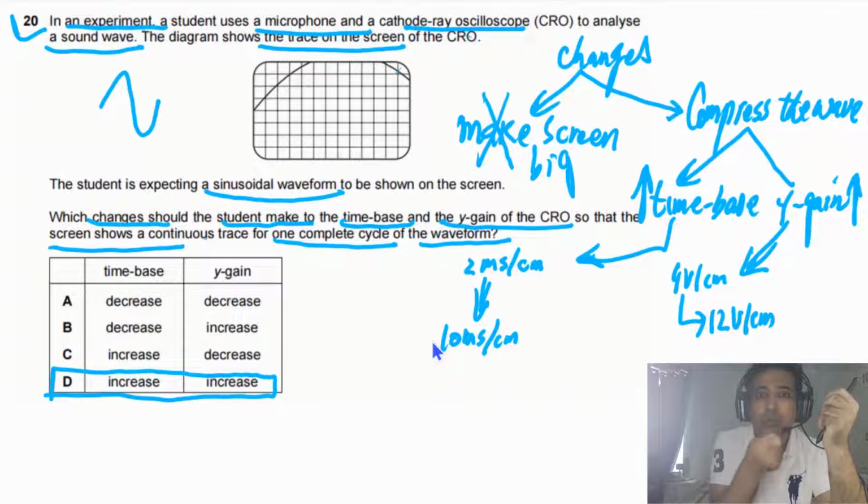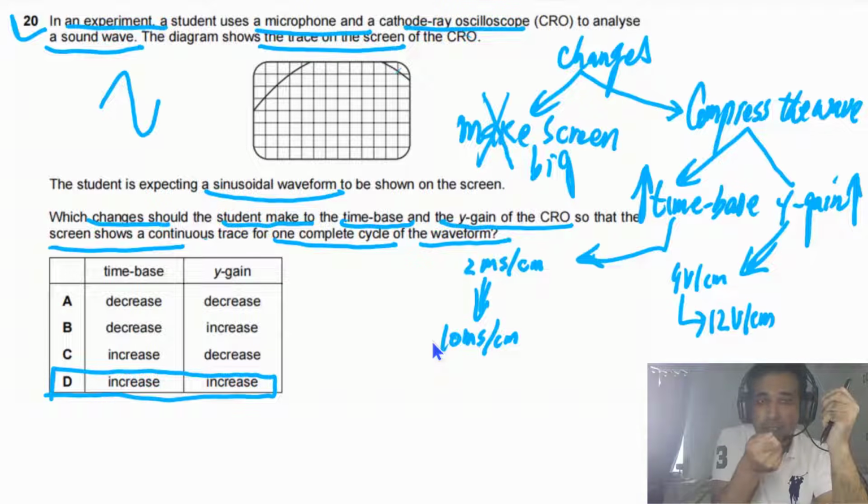Most of the time when we do any experiment with CRO, we want to see the sound wave, so we adjust the time base and we adjust the y gain. So this question is about practical, meaning about the lab. Have you ever used CRO or not? This is just testing your practical skills.